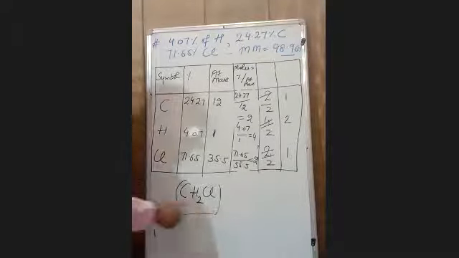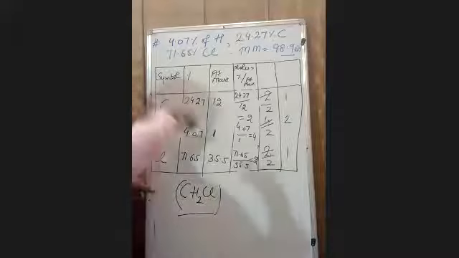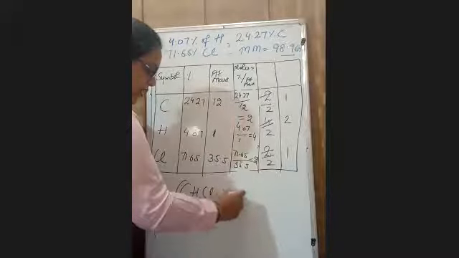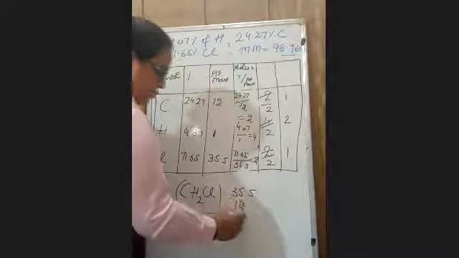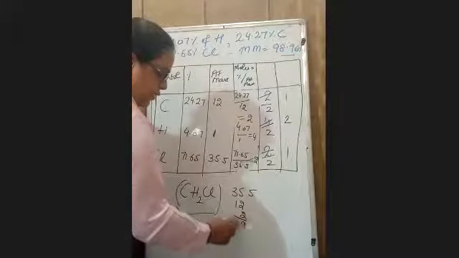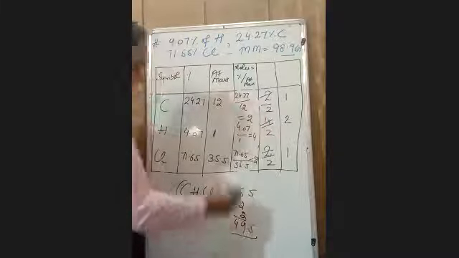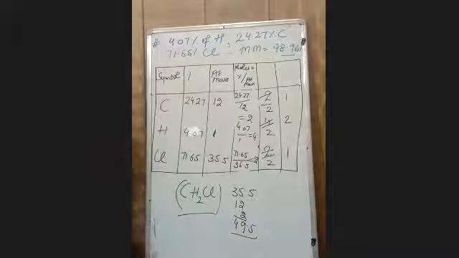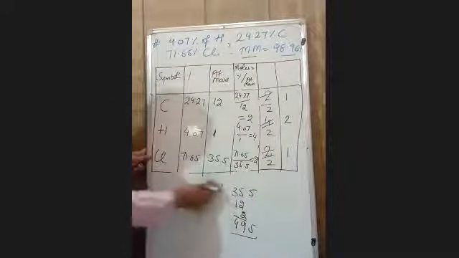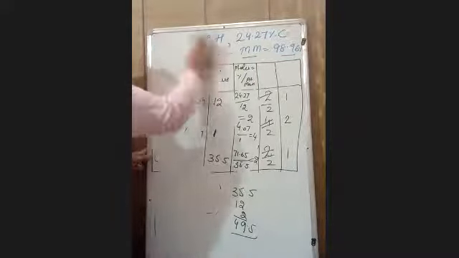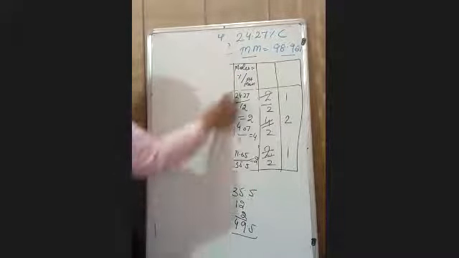Now, how will you calculate its molecular formula? First, calculate the empirical formula mass. Again, by this method, 35.5 plus 12 plus 2 comes out to be 49.5. And molar mass is given to you, which is 98.96.